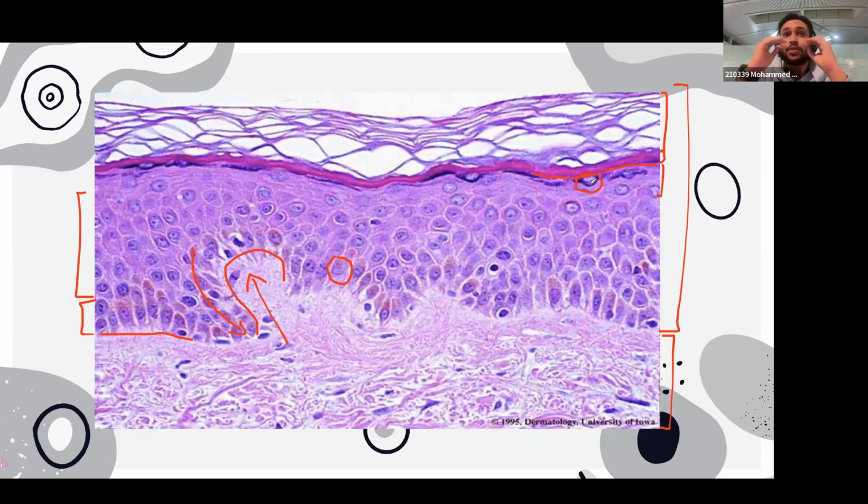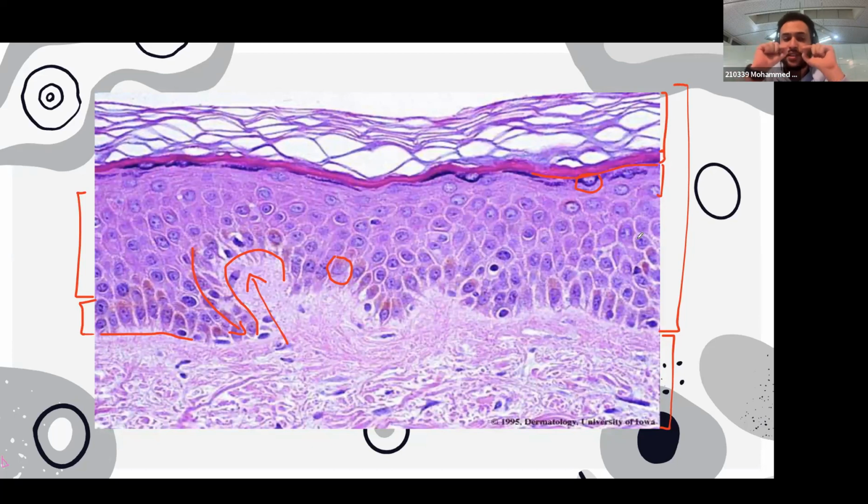Usually keratinization goes from down to up, right? If there is hyperkeratinization occurring below the stratum granulosum, what do I call this? Dyskeratosis.